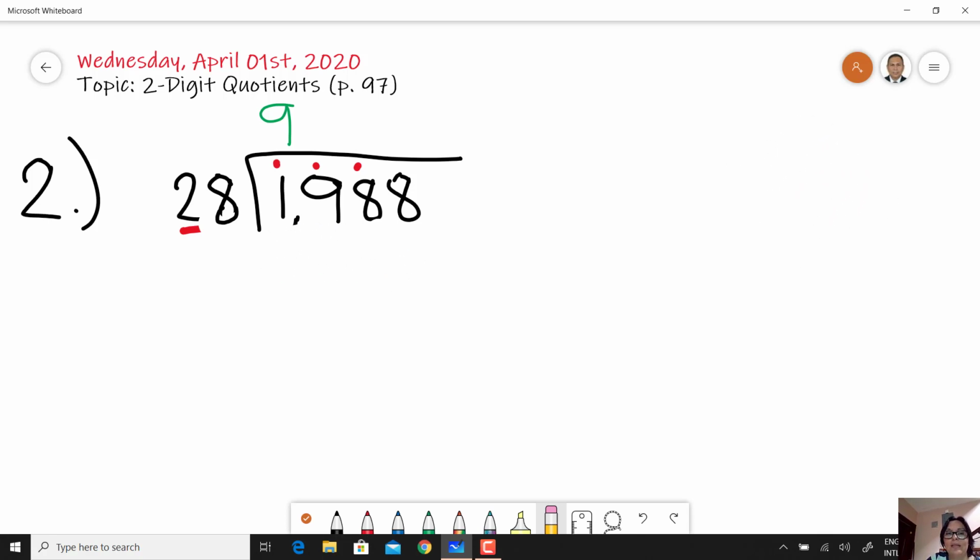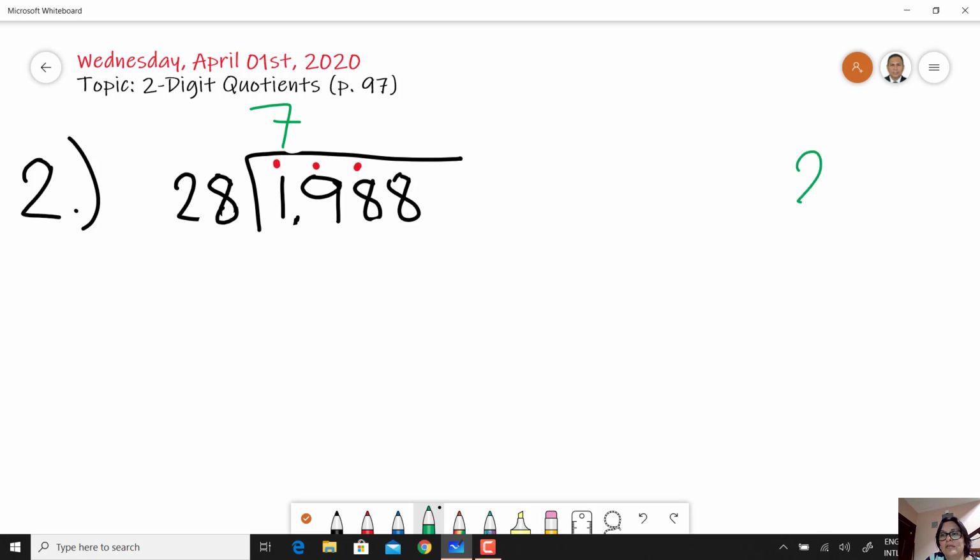So that means that we have to use a less number. Let's try with number, and I think number 8 is going to be too big. So let's try with 7. Now we have to multiply 7 times 28.